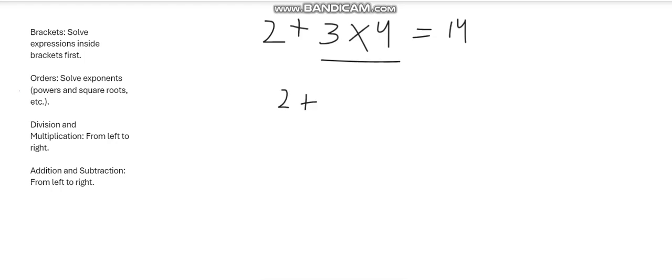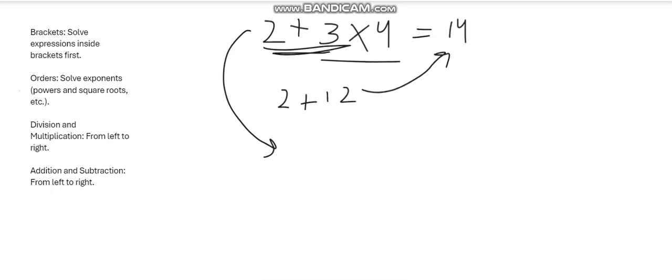So 3 times 4 is 12, which gives us 14. But if we do it from left to right, which is obviously wrong, then we solve this part first. So 2 plus 3 gives 5, times 4, which gives us 20.